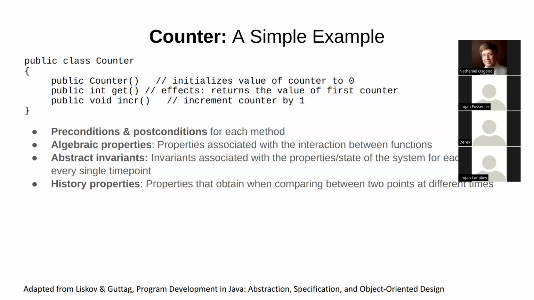Could it be equal to the value at time t? Yeah. How could it be equal? If they didn't call increment between. Could it be greater? Yeah, if they called increment.